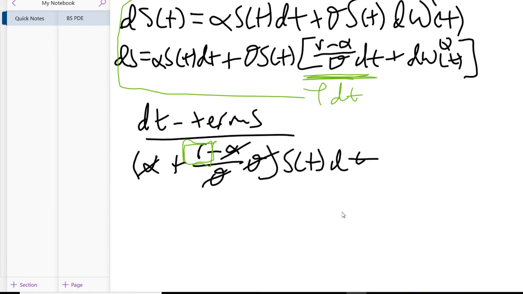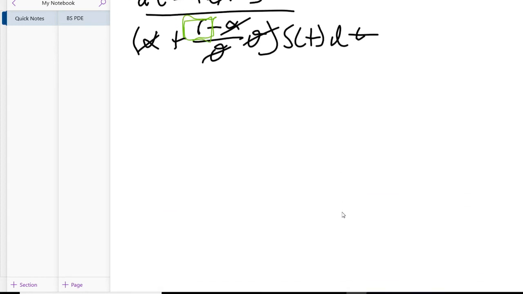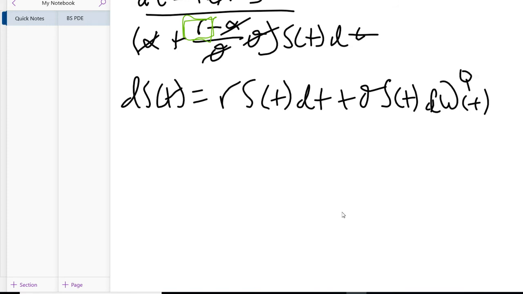So that was basically all of this stuff. Writing in the final dynamics then, we're going to have dS_t equals r S_t dt plus sigma S_t times a Q Wiener increment.